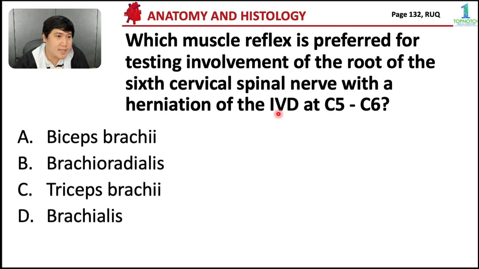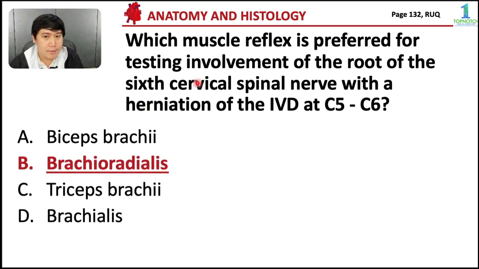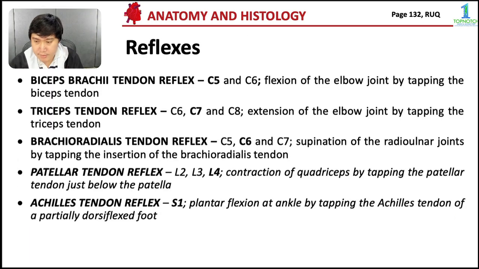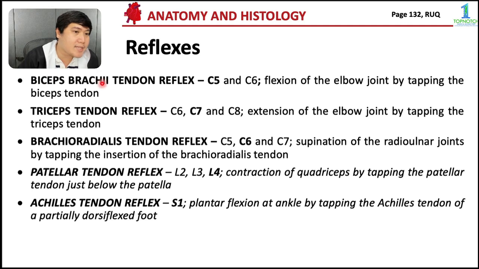For C6, better to test your brachioradialis, using these reflexes. For biceps, you are testing for C5. For triceps, it's mostly C7. For brachioradialis, it's primarily C6.